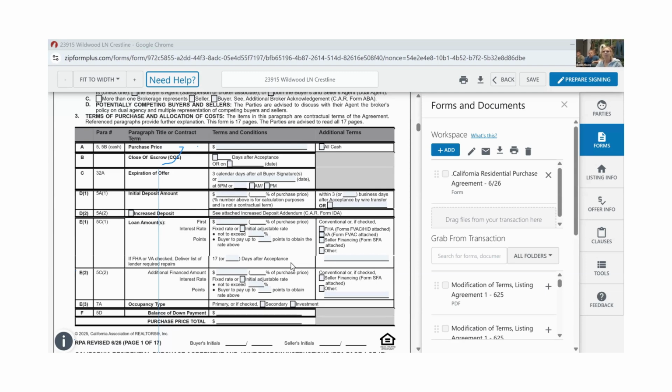It's just so important. Bobby, I agree on that one too, like the contingency dates for all of them, regardless of whichever side you are on. It's really good practice, if you're working with the TC or even just doing it yourself, to have a reminder sent out to the other party the day before something's due, another one the day it's due, and a conversation to be had probably the day before or the day of.